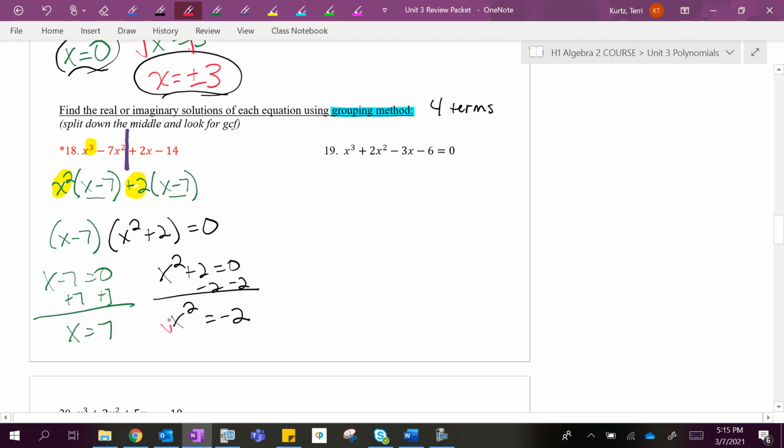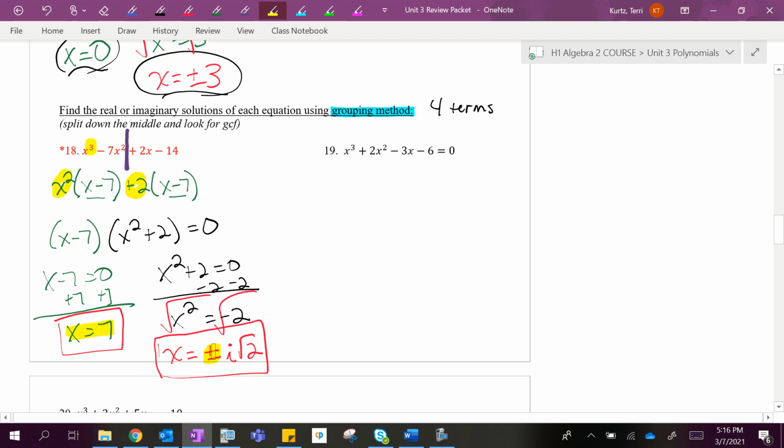There again, I have to take the square root. So I get x equals plus or minus radical negative 2, which is going to become i radical 2. The radical has to stay, again, because there's no perfect square root in 2. But I can take that i out because it's a negative radical. Okay, so I was expecting 3 roots. With this plus or minus, I got my 3 roots.